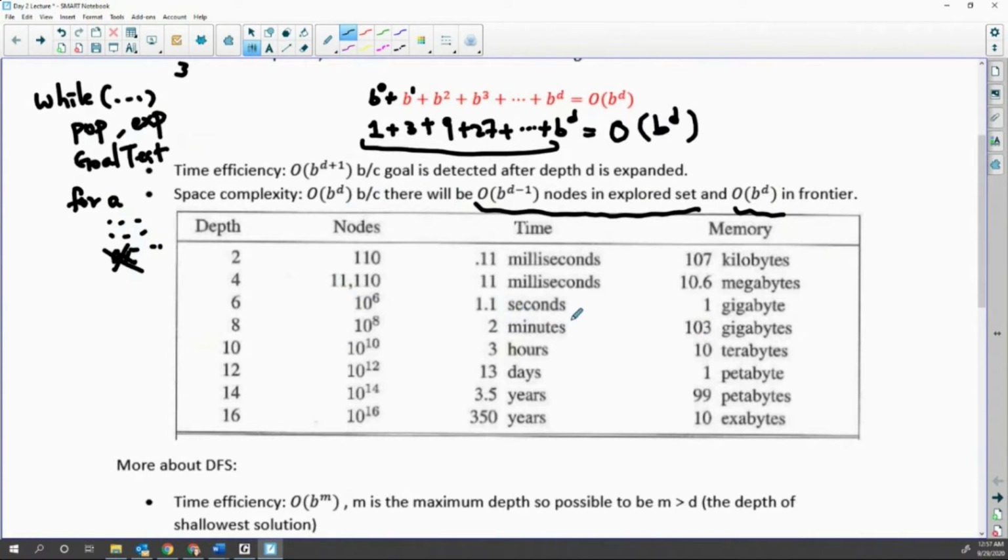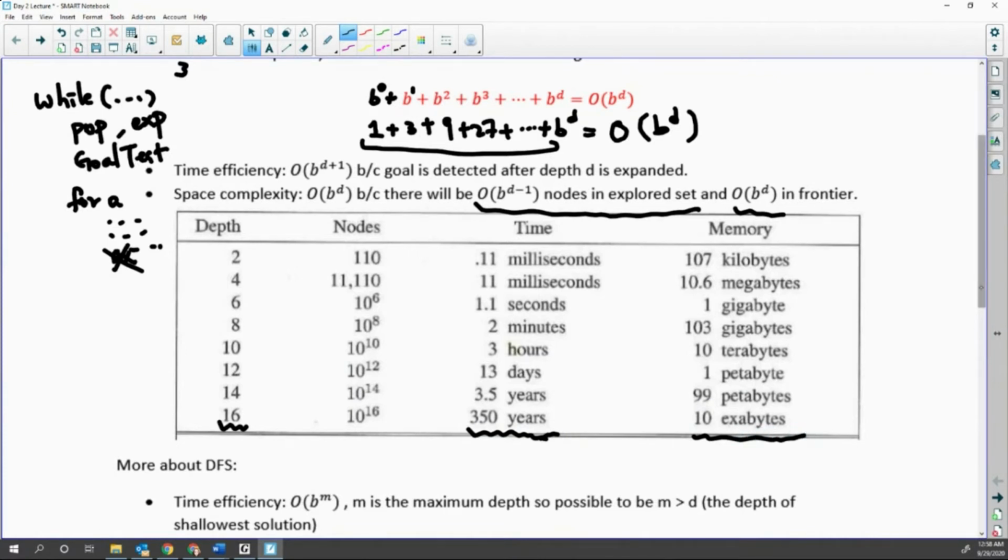With this computer, if you have a depth of 16 and the branch factor is 10, you are going to explore for 350 years to reach the maximum depth of the graph. Okay, so this is not really good time-wise and also memory-wise.